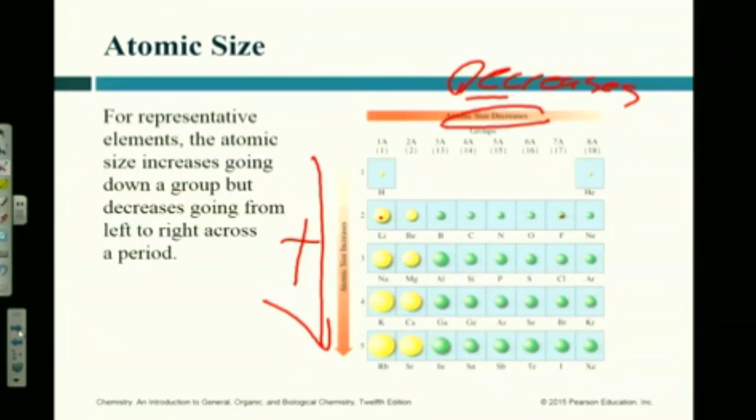Antimony's down 1 row, right? Arsenic is in row number 4, antimony's in row 5. So it's up an energy level, it's bigger radius. All right, well, who's bigger, arsenic or selenium? Arsenic now, because selenium is to the right. Okay, see the difference?